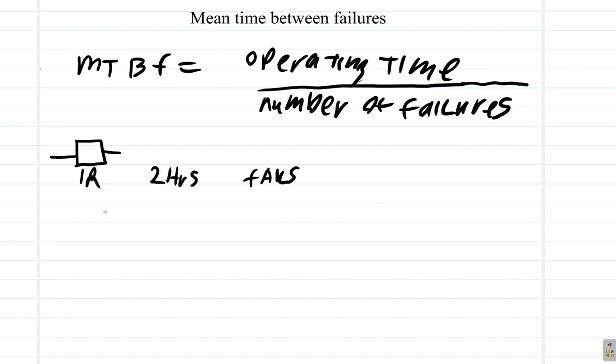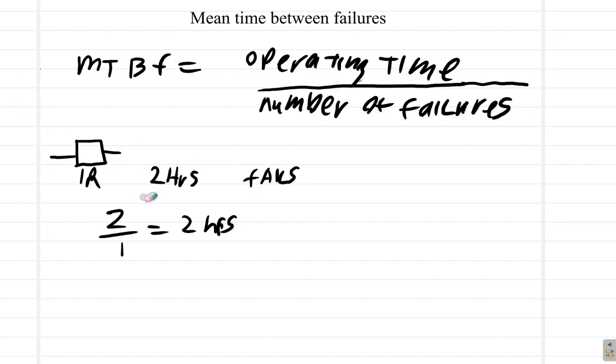Then the mean time between failure will be operating time of 2 hours over number of failures, 1, which is equal to 2 hours. So you could say it will fail after 2 hours.